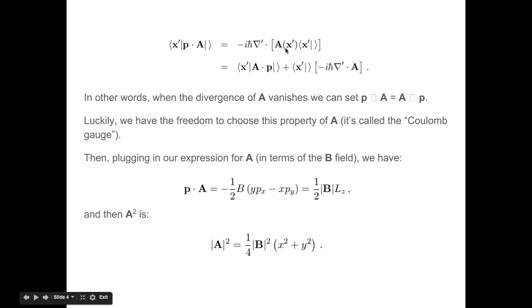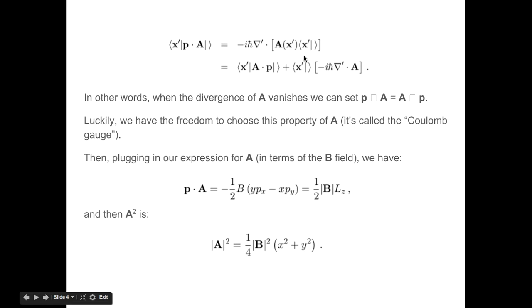So now I can let this operate. Let's see if I can get this right. This is obviously the term where the derivative is hitting this one, right? And then the other term would be the derivative hitting that one, which I can rewrite in terms of my momentum operator, right?